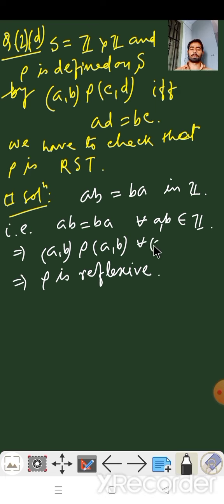This will happen for all the ordered pairs AB in S. So we have rho is reflexive. This is the first observation. Now we will check rho is symmetric or not.